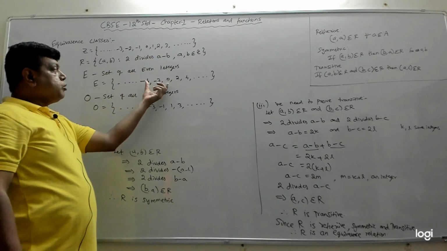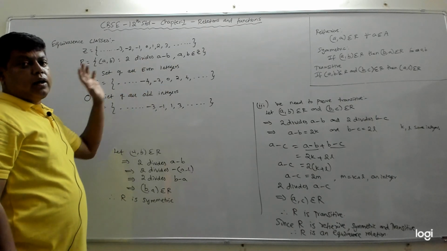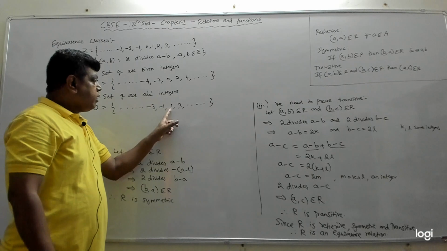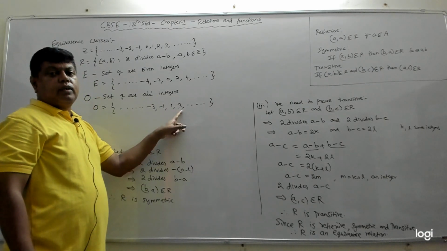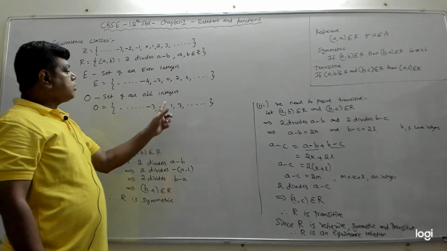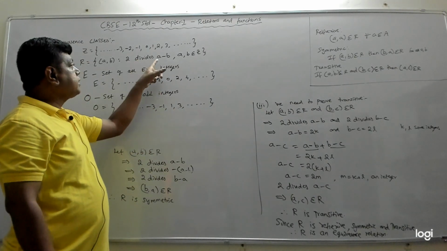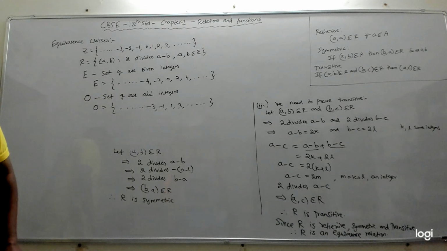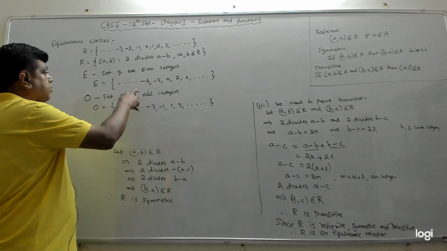Any two numbers from the odd set are also related. If you take 1 and 3, (1, 3) will be in this set because 1 minus 3 is minus 2 and 2 divides minus 2.